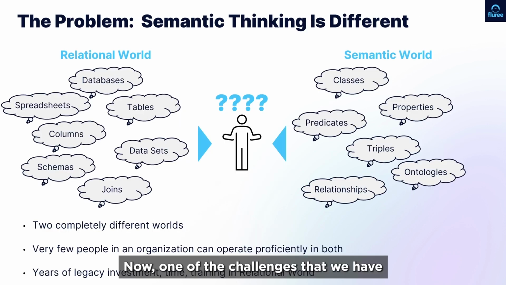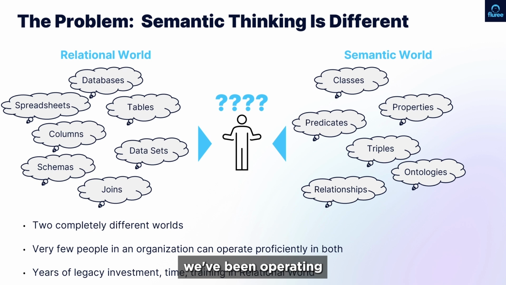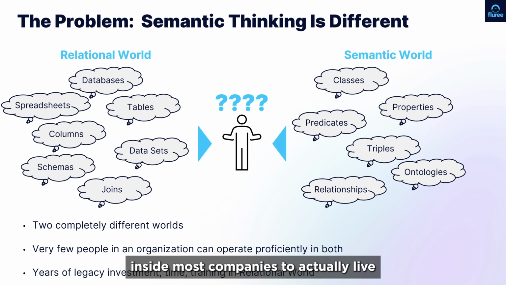Now, one of the challenges is that we've been operating in a relational world for the past 40 years, and even though semantics is about 20 years old, there are very few skills or resources inside most companies to actually live and manage and even think in a semantic way.